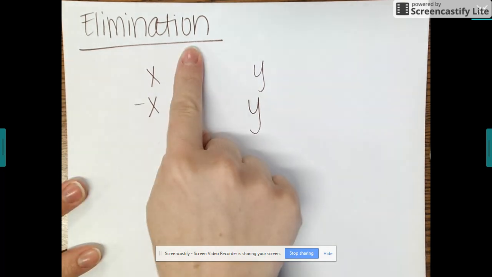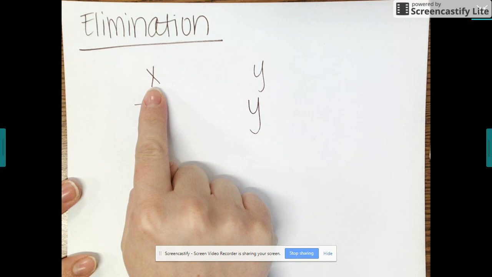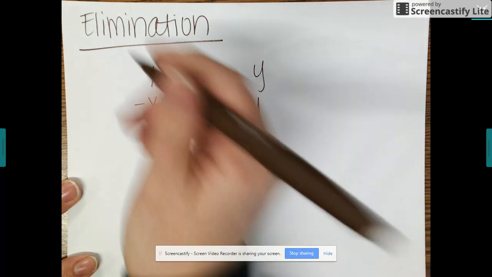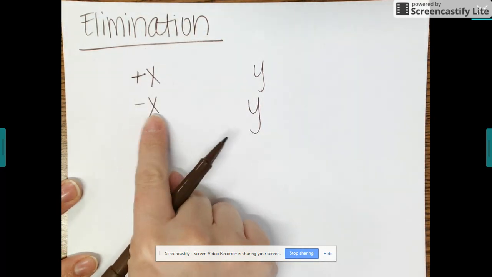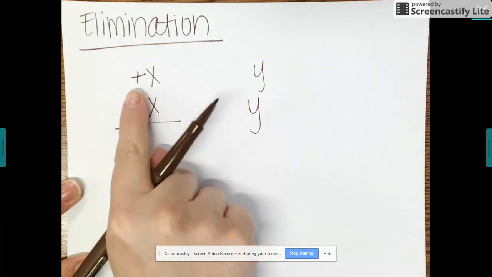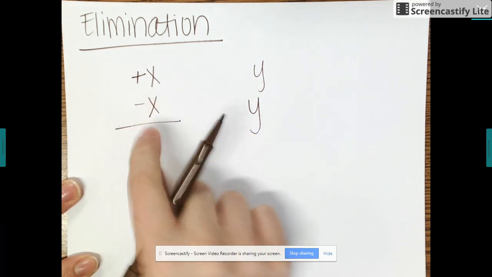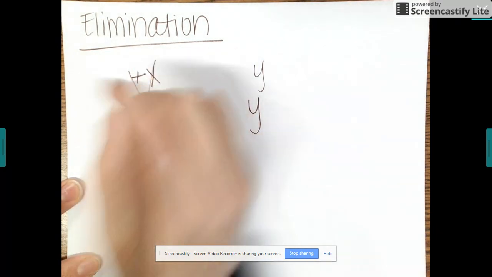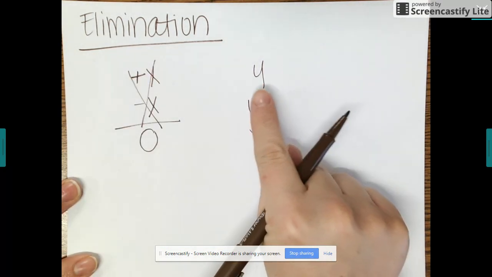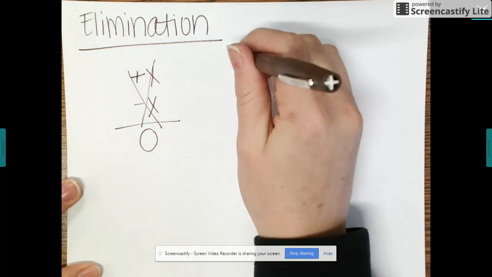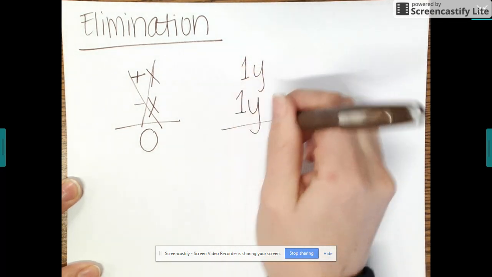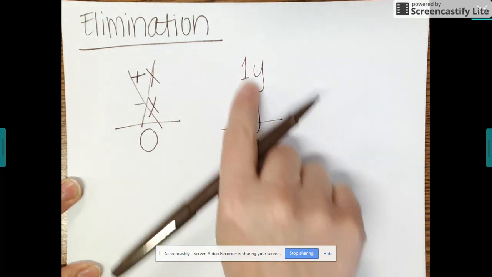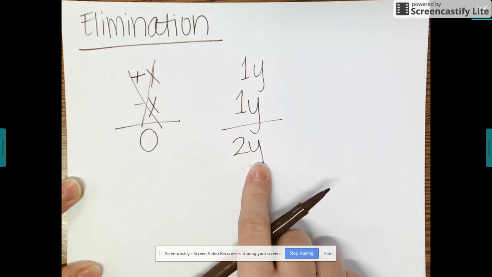So elimination. Remember, we want to get something to be a positive and something to be a negative. 1x minus 1x is 0, right? They eliminate. They're all gone. There's nothing there, okay? So if I have 1y and 1y, that would be 2y. Did we eliminate our y's? No, we didn't.